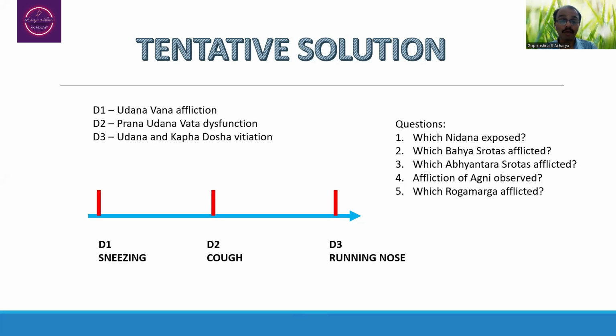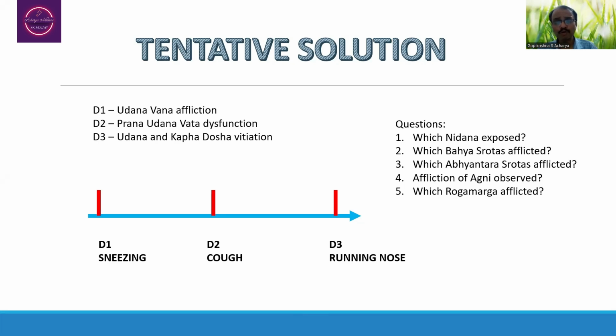So here the most probable Nidana in that particular situation may be Rajas or Dhuma, etc. And which particular Abhyantara Srotas is afflicted may be, as this particular nose is having a continuation with the Mahasrotas, plus there may be the possible continuation of the same in case with Pranavaha Srotas. The Abhyantara Srotas afflicted on that particular occasion may be Pranavaha Srotas, plus Annavaha Srotas may be afflicted.